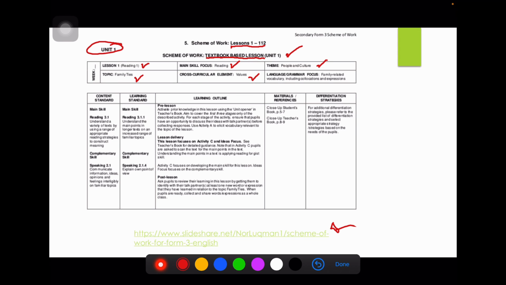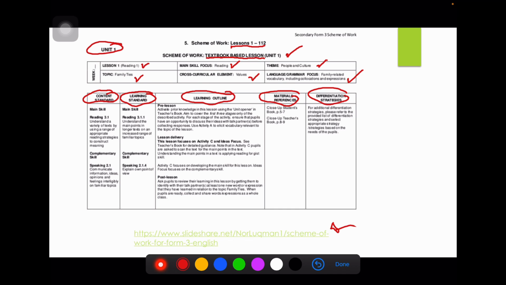Language or grammar focus will be family-related vocabulary, including collocations and expressions. So content standard is here, learning standard is here, learning outline, and then they have the materials or references and differentiation strategies. So you can go through this.